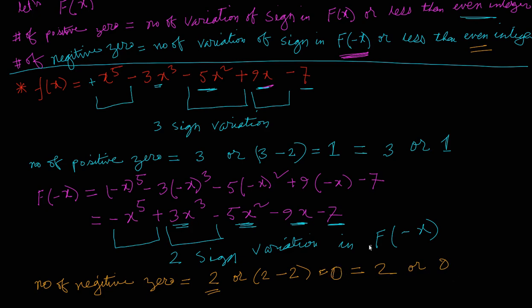So 2 or 0. In a nutshell, the number of positive real zeros is 3 or 1, and the number of negative real zeros is 2 or 0. That is basically Descartes' rule of signs.